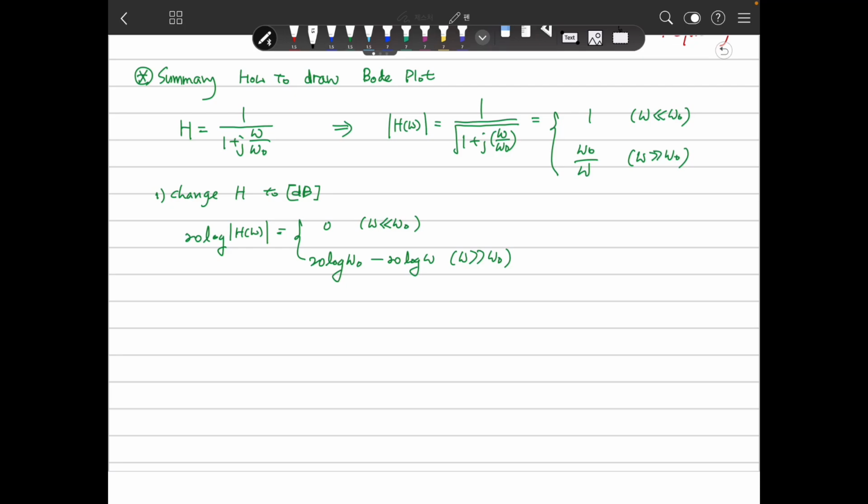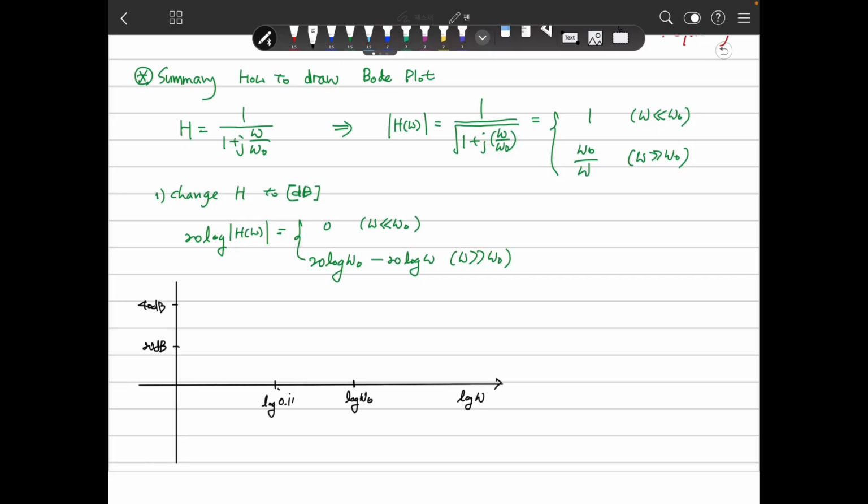Then how can we do that? Then we can draw the graph in this manner. This is log omega, and you can define this as 20 dB and 40 dB, and this is log omega 0.